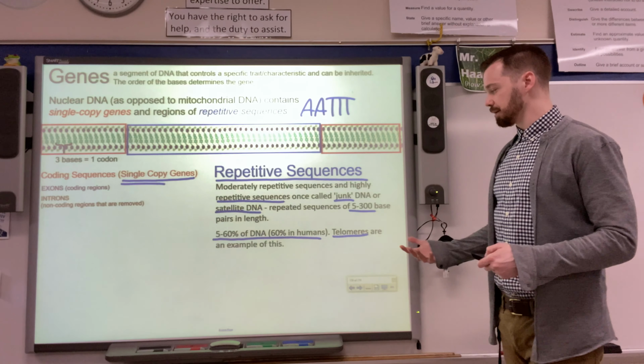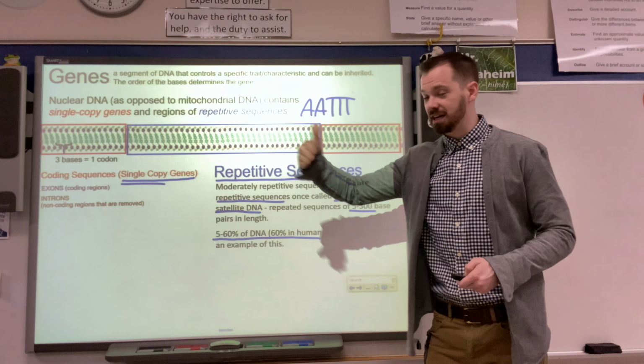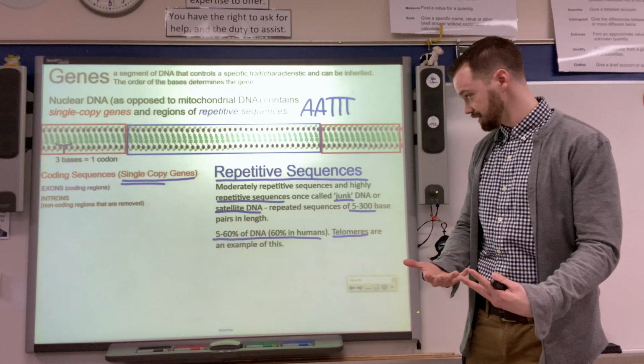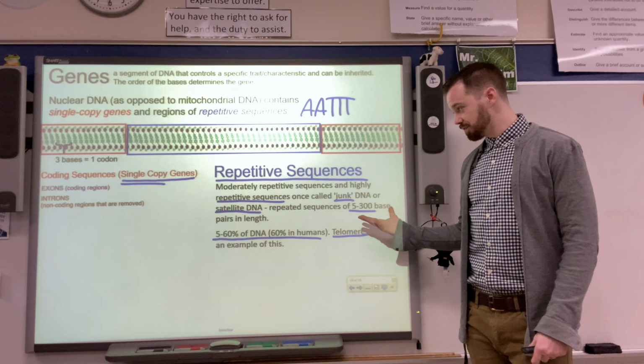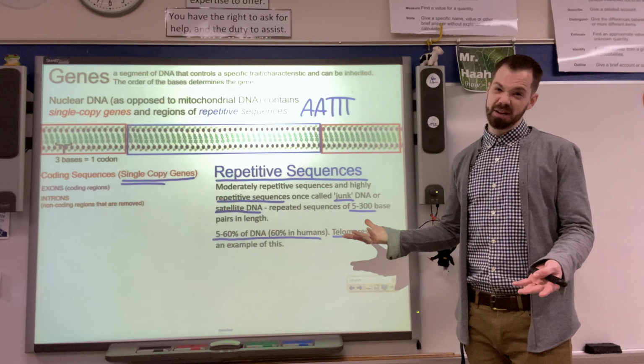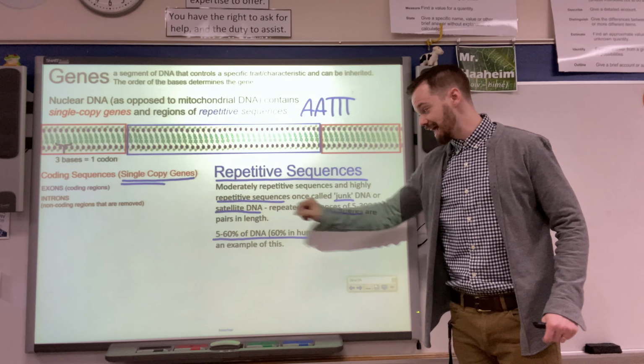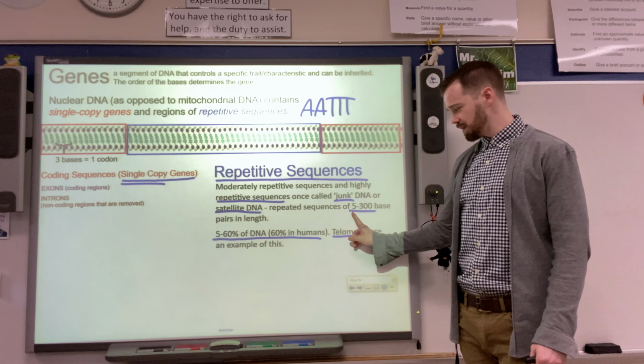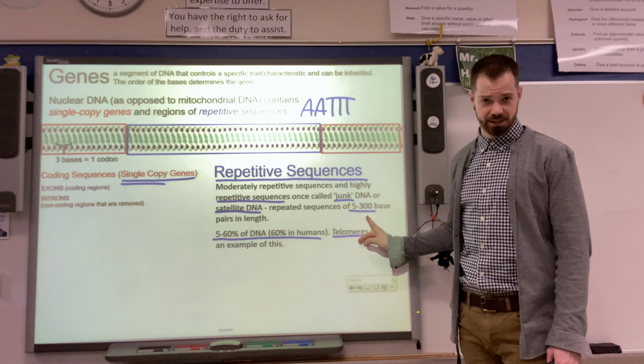So the next part that we're going to be looking at here are the other things in your DNA, the non-genes, and again we call those highly repetitive sequences. These are parts of your DNA that some people think of as junk. Sometimes it's also called satellite DNA, but they're just sets of letters somewhere between 5 and 300 bases.